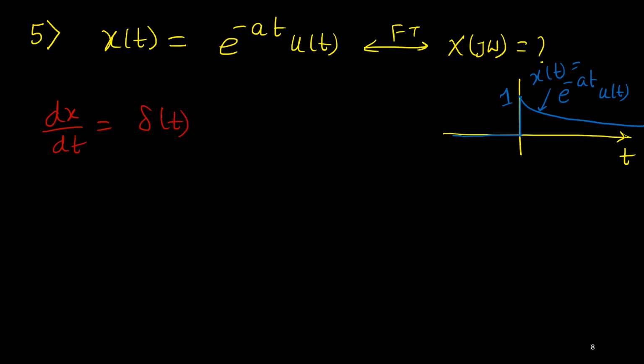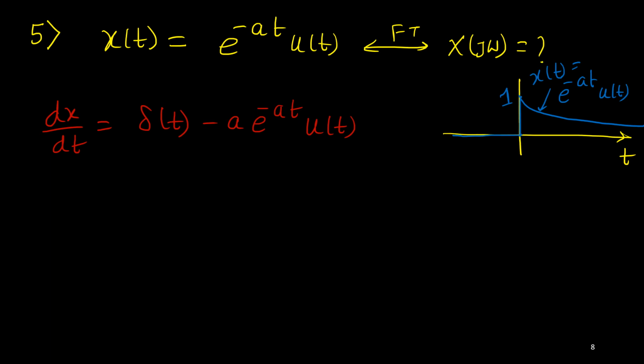And then the derivative of e to the power minus at is minus a times e to the power minus at, but this will exist on the right side only. So again we multiply u of t to indicate that this function exists on the right side. So this is the derivative of this function.